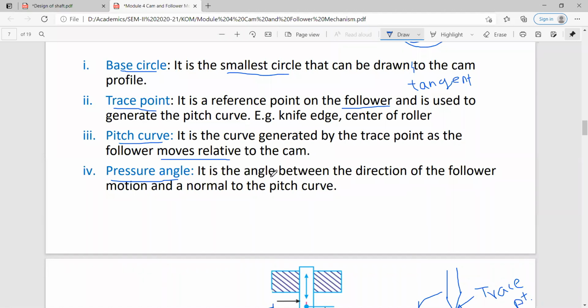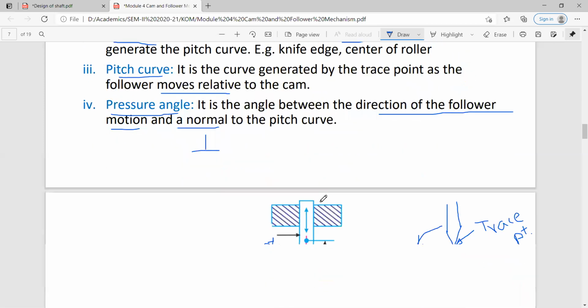It is the angle between the direction of the follower motion at any point of the cam and a normal, meaning perpendicular, to the pitch curve at that point.